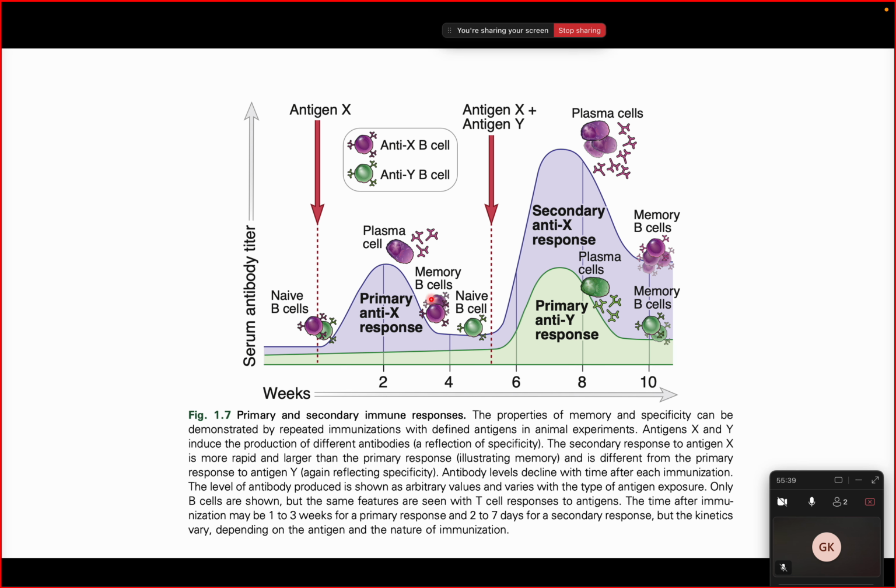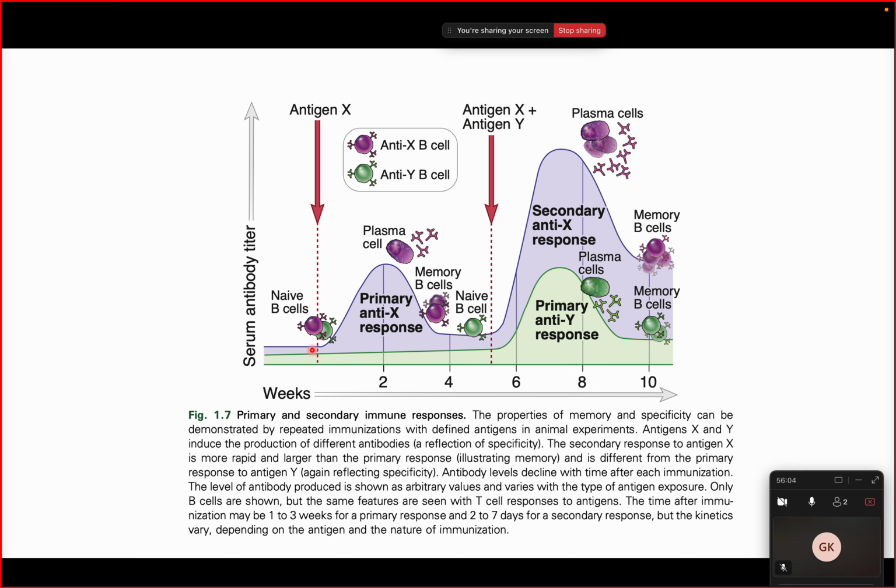Because your body was already exposed to the first infection, it already made memory cells, because they have stored the information that this particular type of pathogen entered. Now, once you get this infection again by say sixth or seventh day, the response will be secondary, and now the memory cells will deal.